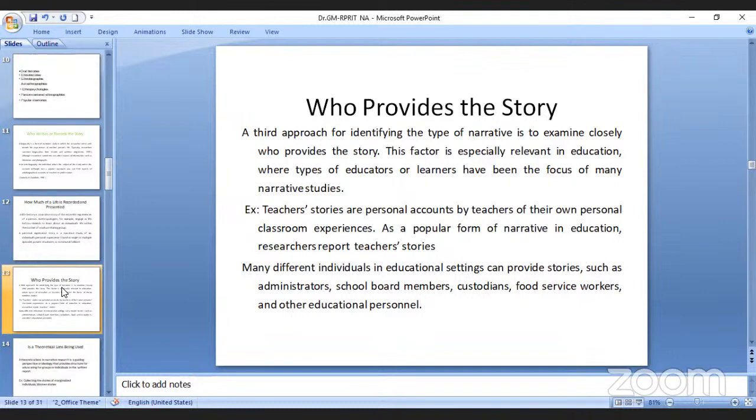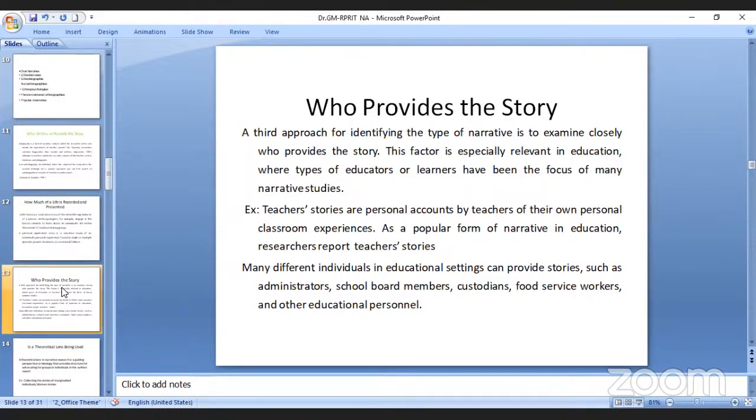They come from different socio-economic backgrounds, family backgrounds, and cultural backgrounds. Learners have been the focus of many narrative studies. You can take different students, and they will narrate their different stories. So those stories may be of different types.